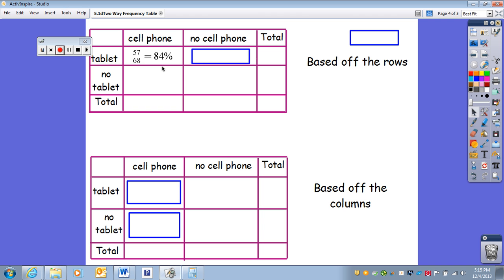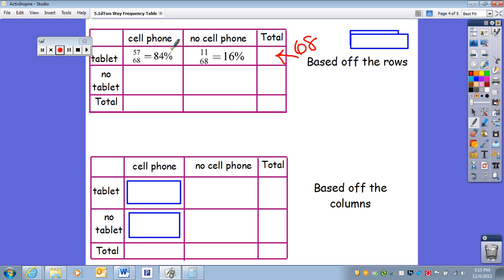Divide by 68. That meant 84% of those total 68 students have a tablet and a cell phone. How about the ones that didn't have a cell phone? We would take our 11 divided by 68 because that was the total number of students in this particular row, and when we divide we would get 16%.